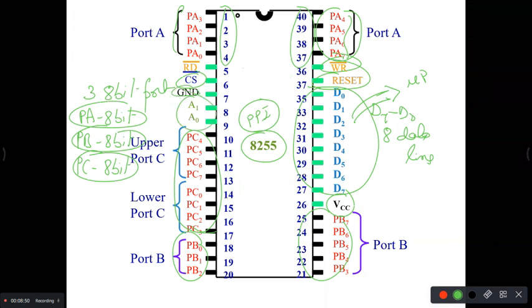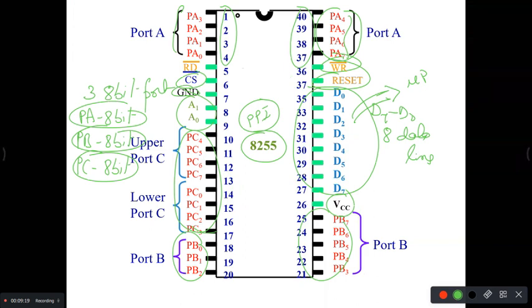What is this A1, A0? Very important. Okay? A1, A0 is very important. Why A1, A0? Can you tell me how many ports are there in this? 3 ports, right? Port A, port B, port C. Right? Okay. Now, to address these 3 ports, how many addresses are required? 2 addresses.